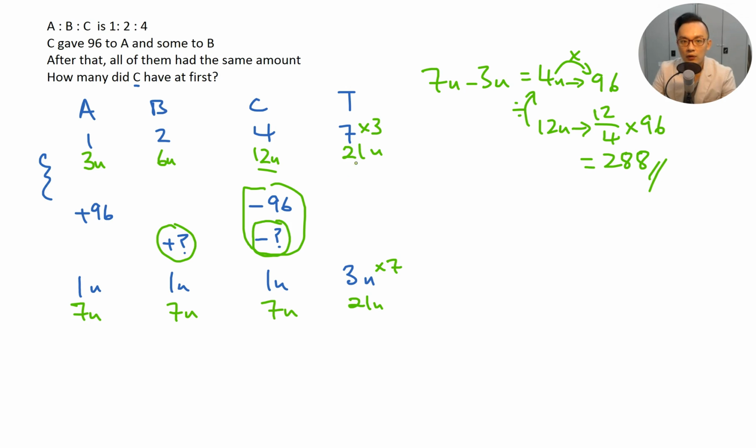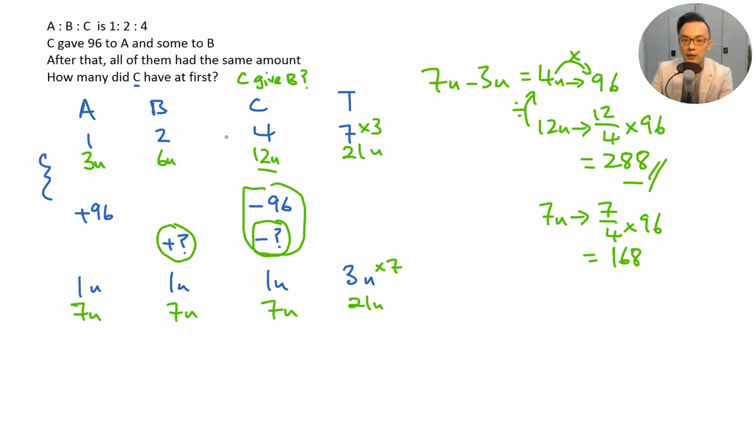So if I want to ask how much did C give to B, all right, so C had 288 at first, gave away 96, and then gave away question mark, and she's left with 7. So I know my 4u is 96, so 7u is actually 7 divided by 4 times 96 equals 168.